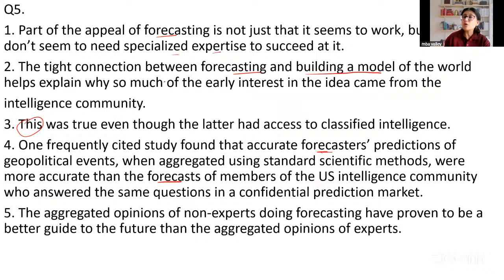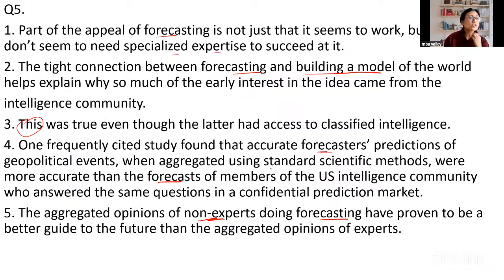Now, this passage is a complicated one, but we would still be able to understand and crack this if we just focus on the central idea or the central theme of the paragraph. Now, in this question, sentence number 1, sentence number 4, and sentence number 5 discuss the general theme of how non-experts doing forecasting, forecasters without specialized expertise, can make accurate predictions, often outperforming experts.